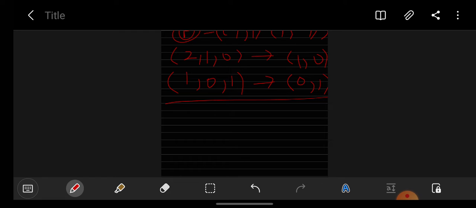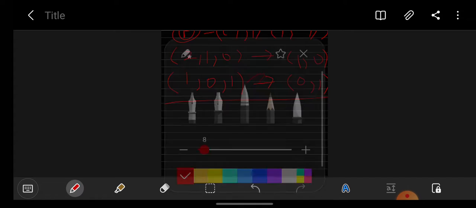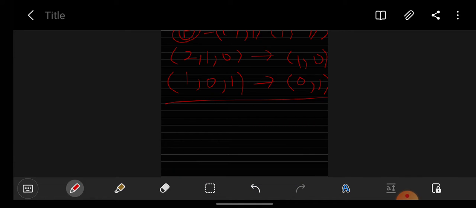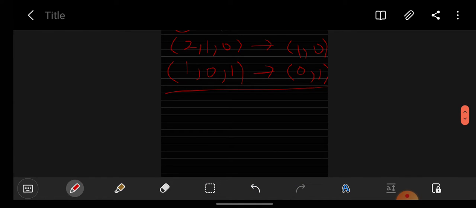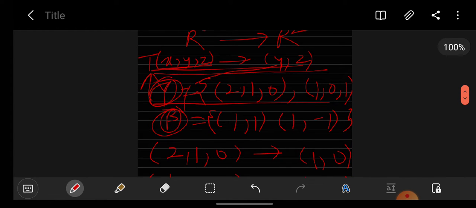What is the difference between a linear transformation R2 to R2 and R3 to R2? The difference is that we get one more extra basis vector.